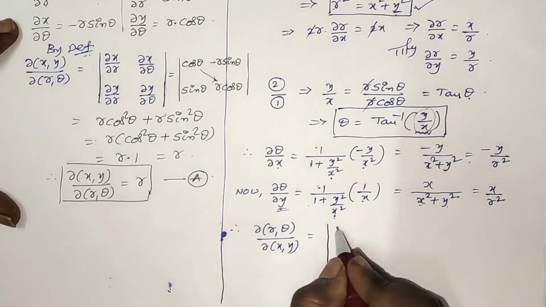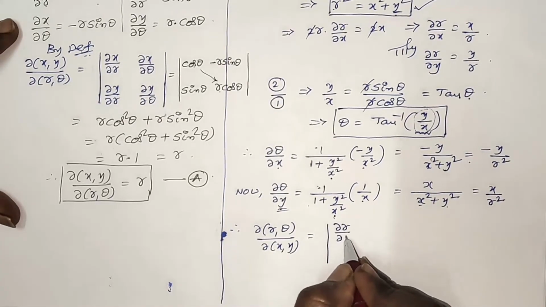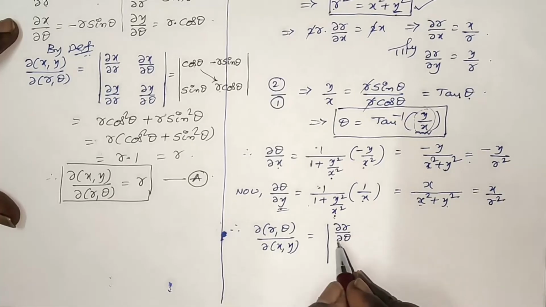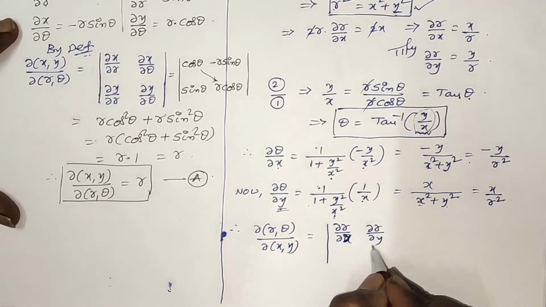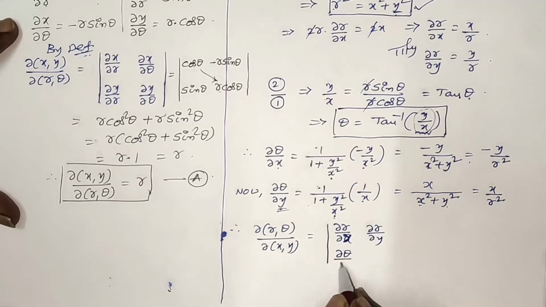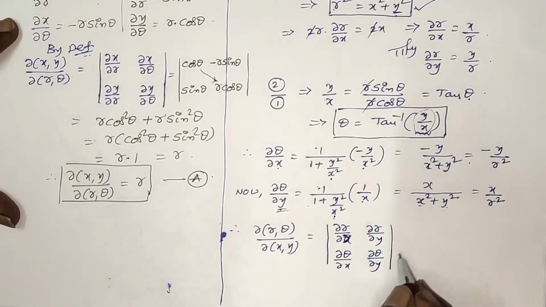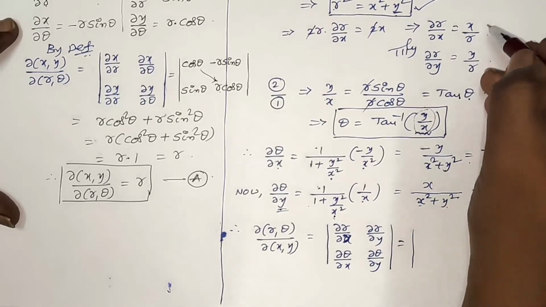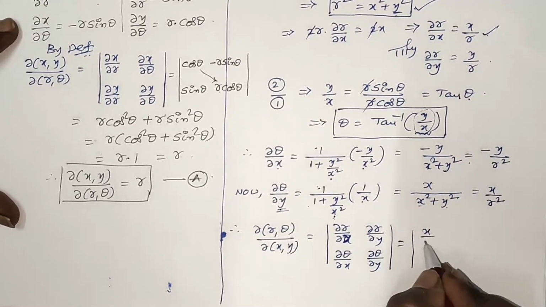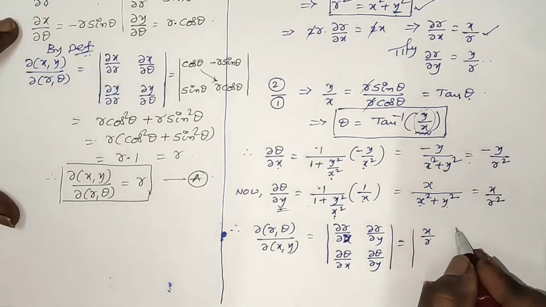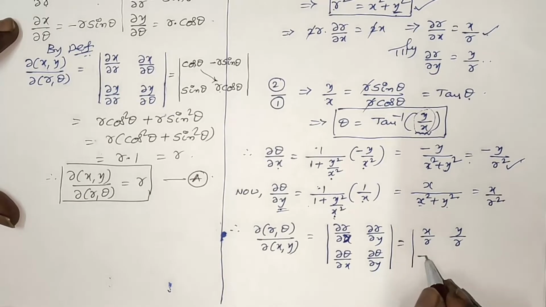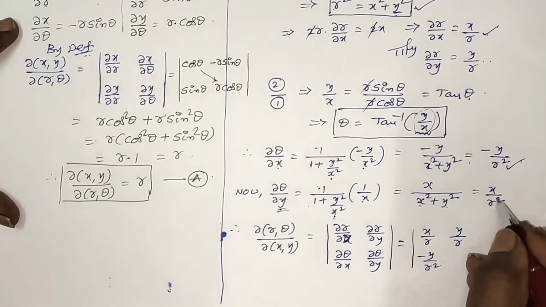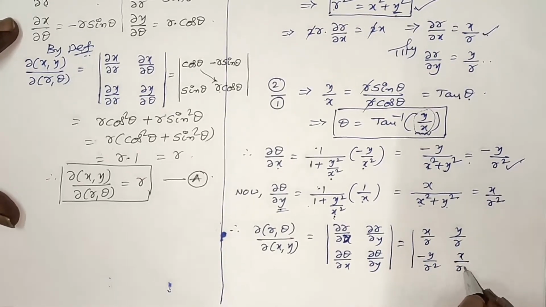Determinant of dou r by dou x, dou r by dou y. Second row is dou theta by dou x, dou theta by dou y. Replace all values. Dou r by dou x is nothing but x by r. This is y by r. Okay, here you have minus y by r square, and this is x by r square.